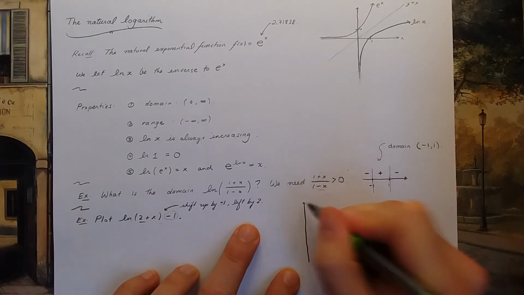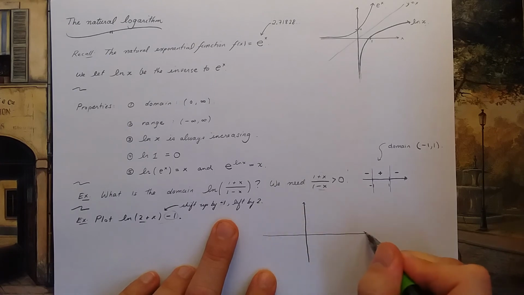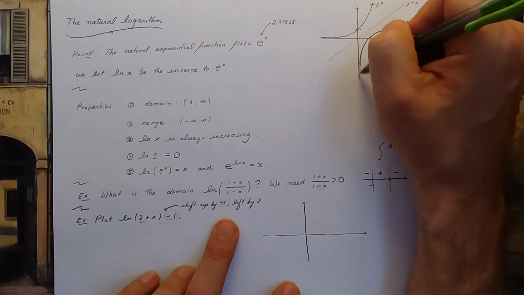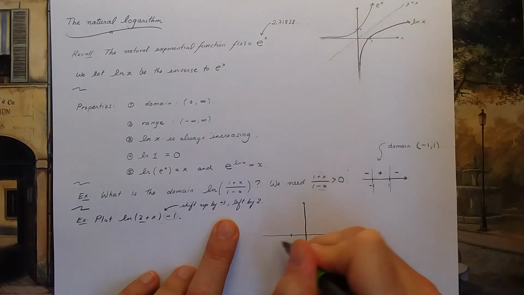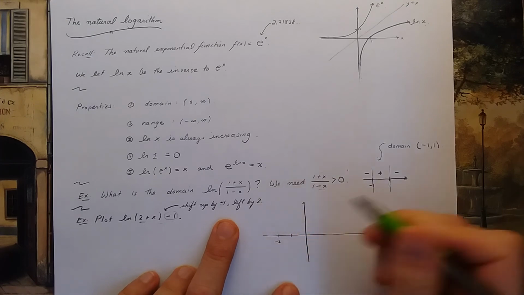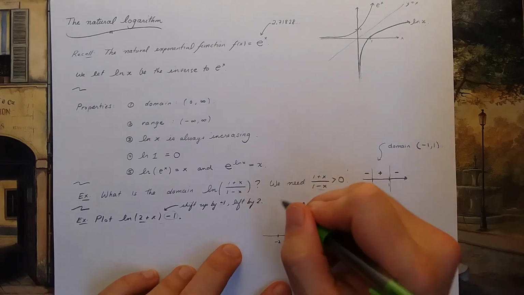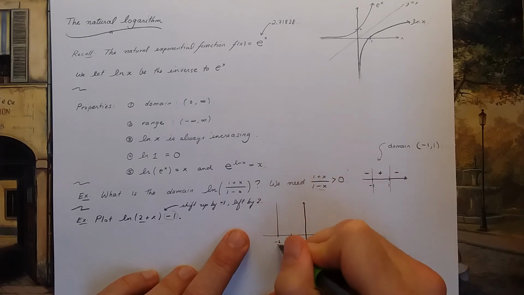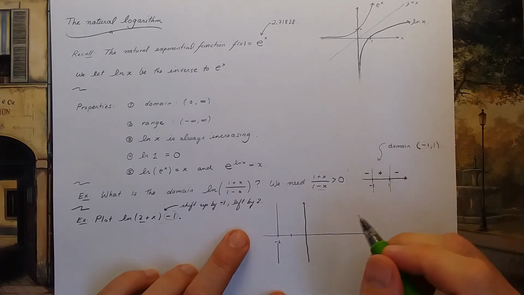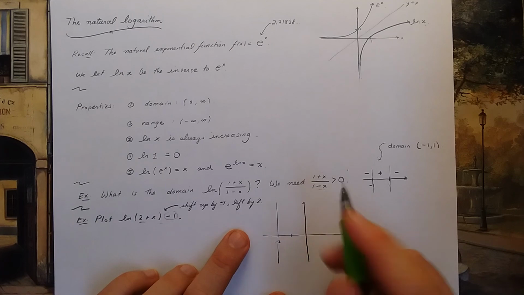Let's see what that would be. So I'm going to take my picture, and instead of having a vertical asymptote at 0, I believe that vertical asymptote is going to be at -2. So I have this vertical asymptote here at -2, and I'm shifting the whole picture down by 1.